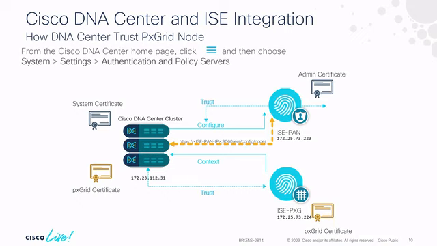The only information we key in on DNS Center is the PAN IP address, the super admin credential, the username and password of ISE, and the FQDN of ISE. Those are the only 4 pieces of information you need to enter on the DNS Center authentication and policy server page. Once you key in these 4 variables and click save, it automatically starts this integration process at the back end.